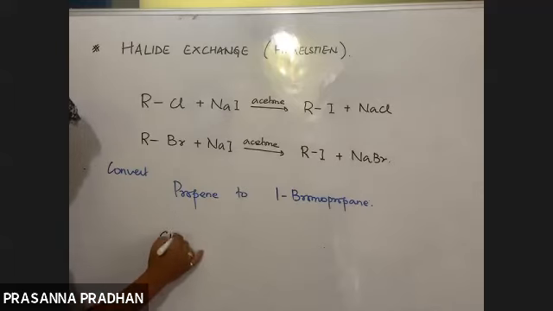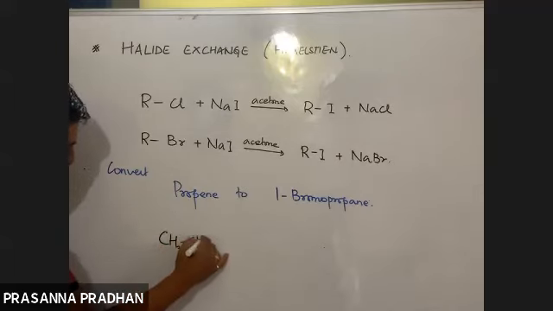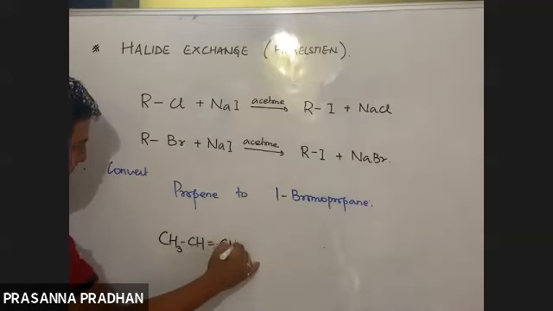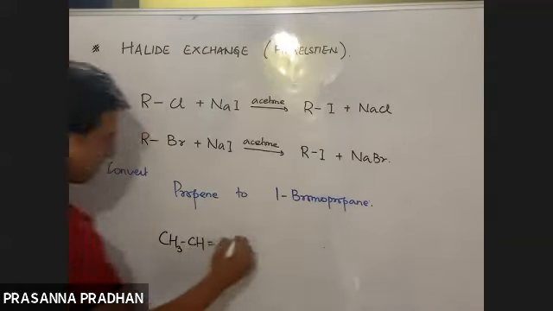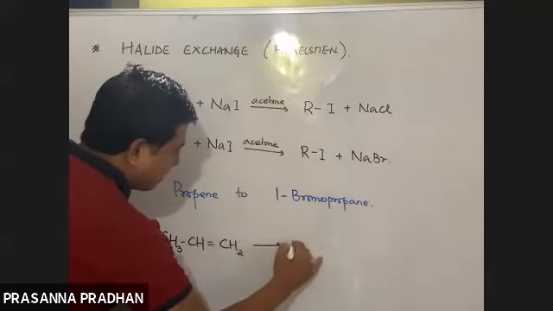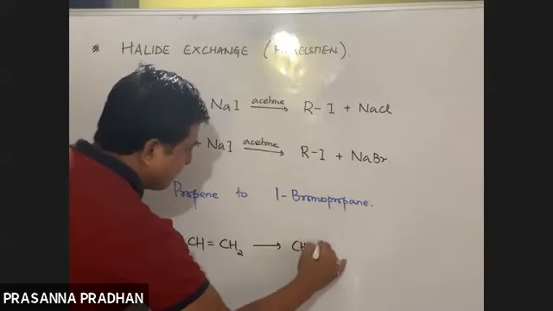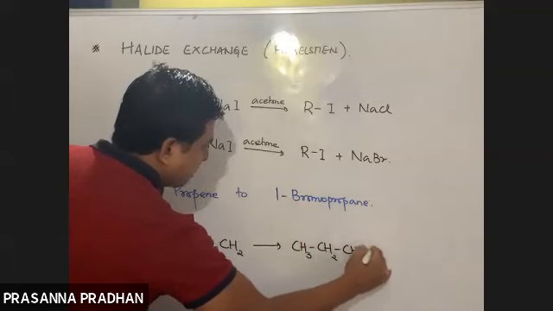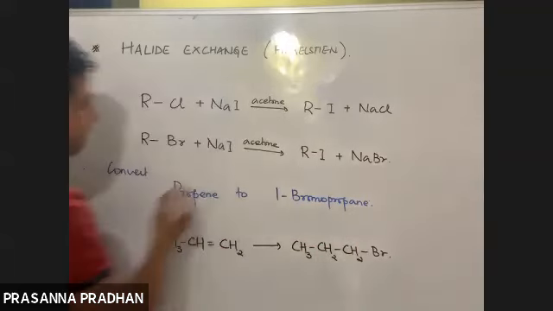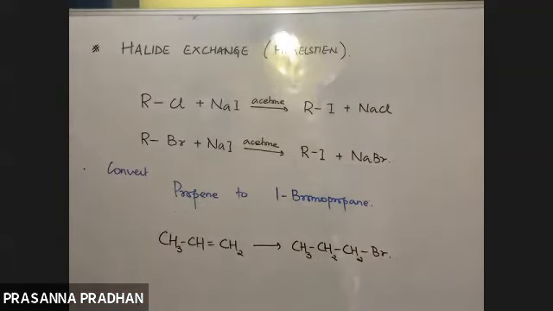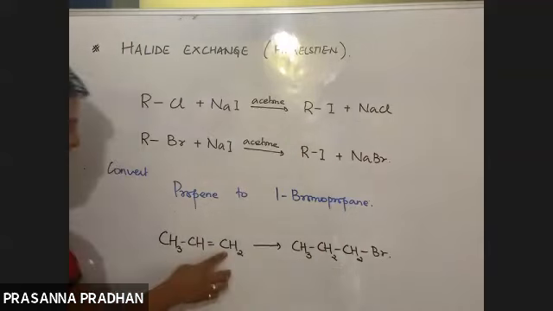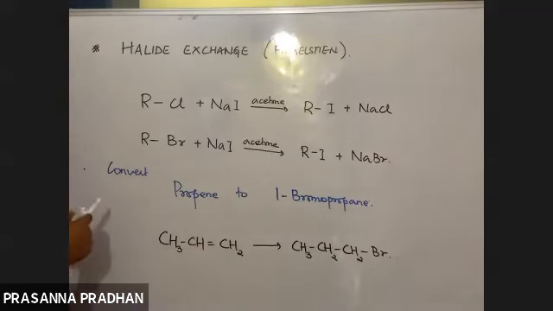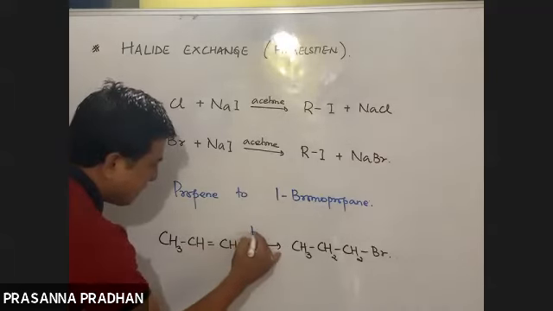So again, let us draw propene out here, CH3CH=CH2. We need to convert this to 1-bromopropane, CH3CH2CH2Br. Here one bromine is getting added and one hydrogen is getting added, which means HBr is added.